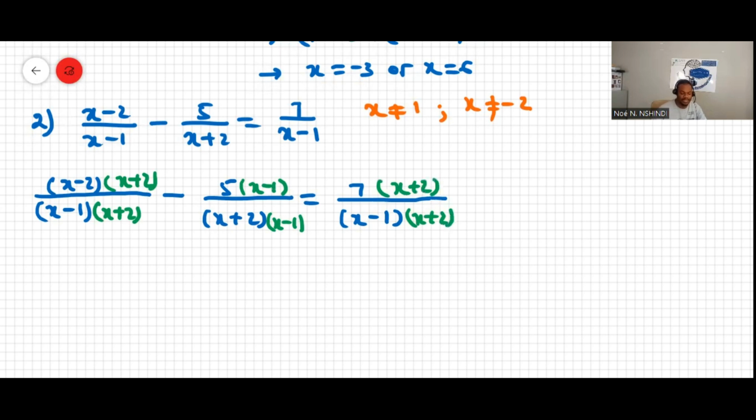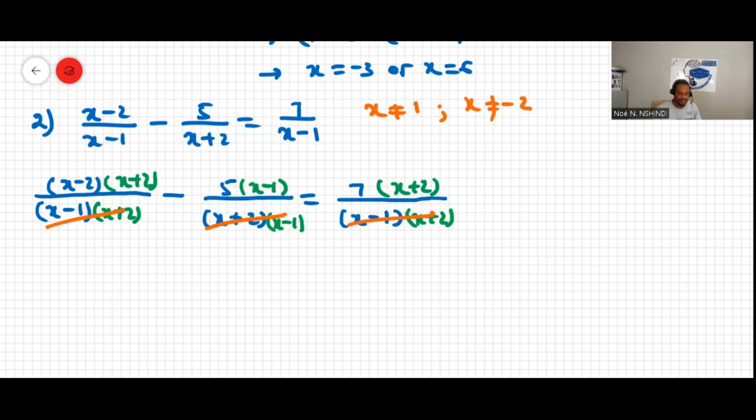Now that the denominators are common in the equation, we can just drop the denominators and then consider the numerators. So over here, x minus 2 times x plus 2, this is the product that leads to the difference of two squares, which we learned in chapter 1 algebraic expressions.